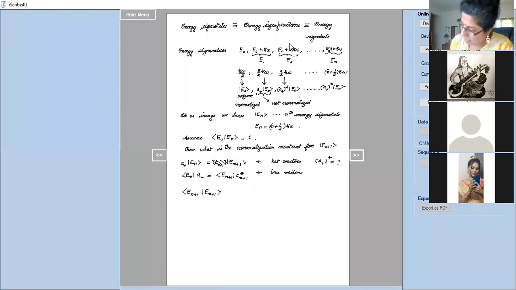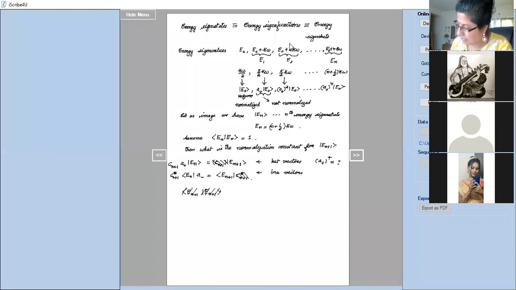This Cn plus 1 actually was put over here. Can everybody see it? All right. It doesn't matter. All we know is that there has to be an extra number so that this En plus 1 eigenket is also normalized. So now what will happen? We will not get a Cn plus 1 star here. We'll get a Cn plus 1 star here. Either way, if you change it from a ket to a bra, you remember that you have to multiply with the corresponding complex conjugate for the number. All right. So I'm going to write this step again.